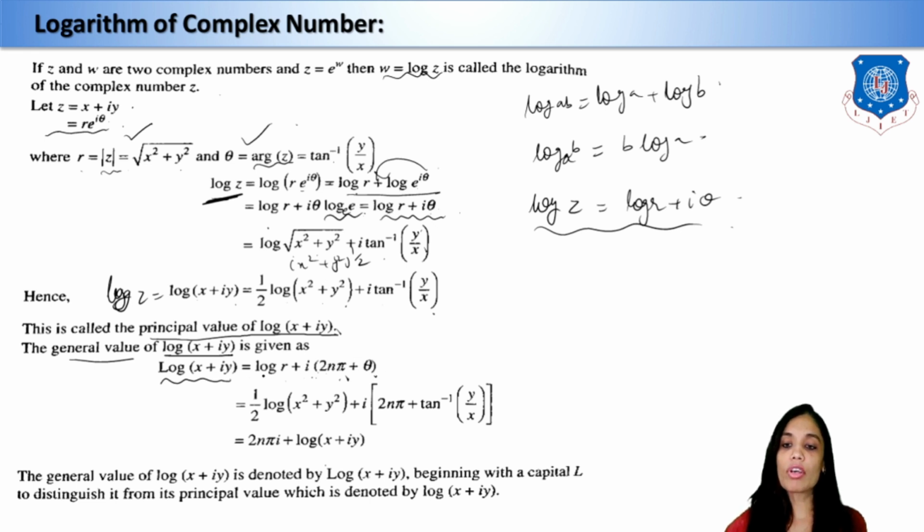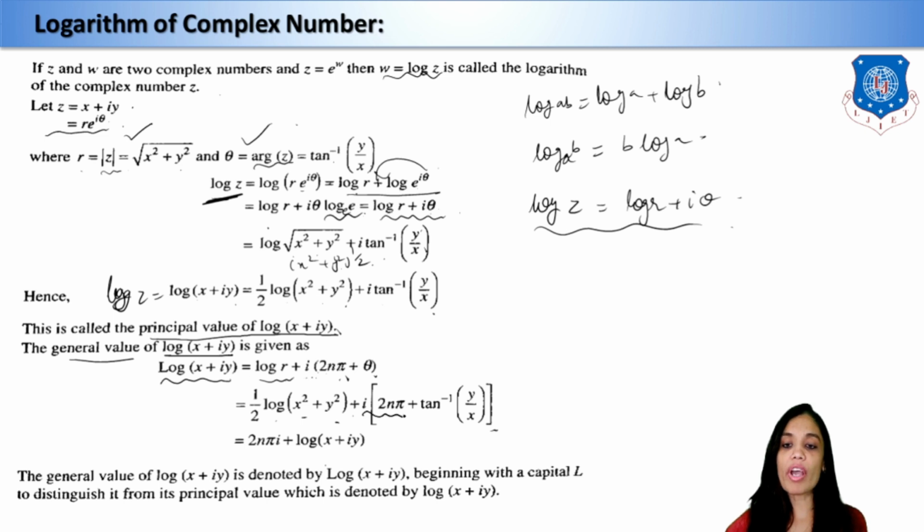Now let us put the value of r. r is square root of x square plus y square, which can be written as x square plus y square raised to half. So this log r is finally 1 upon 2 log of x square plus y square plus i times 2n pi plus the value of theta, that is tan inverse y by x.